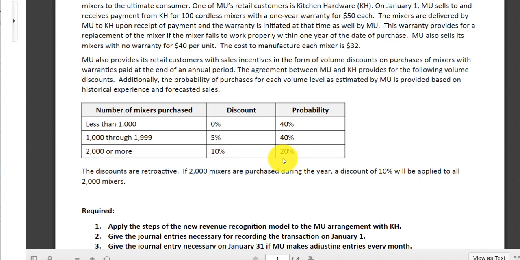When you figure out this kind of probability, there are 2 ways that GAAP indicates. Either you can do a weighted average of the probabilities, or you can use the most likely amount. The most likely scenario is used when one of these probabilities is more than 50%. So we're going to reject that as not the best option in this case, and instead calculate the weighted average of these probabilities.